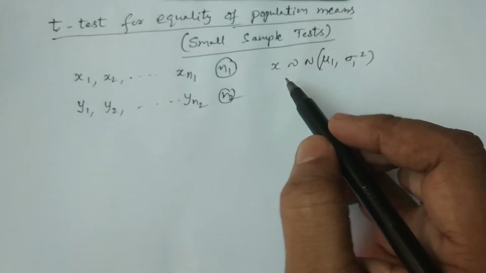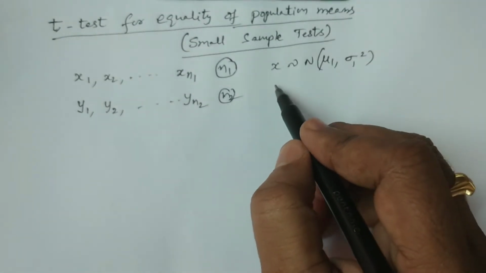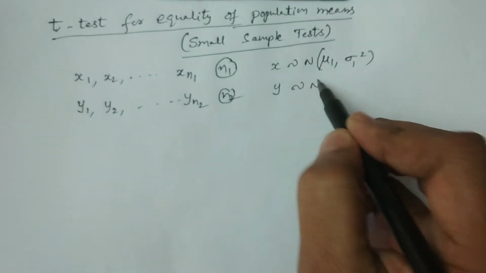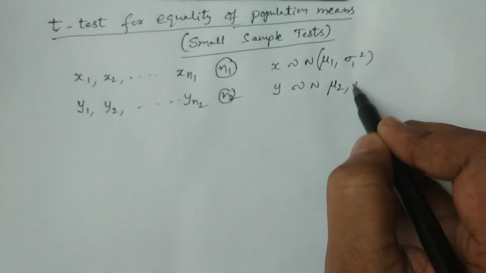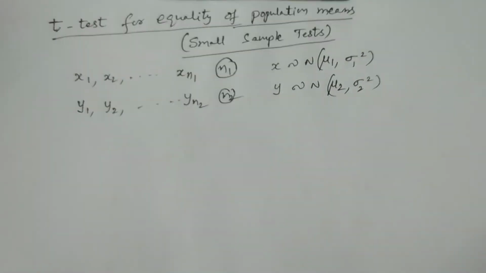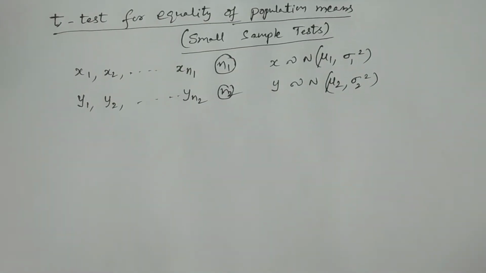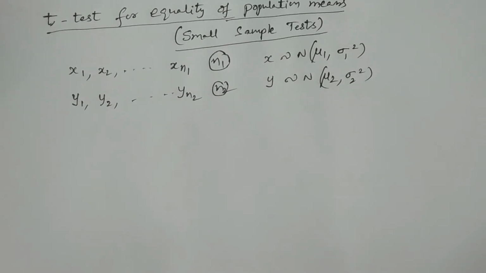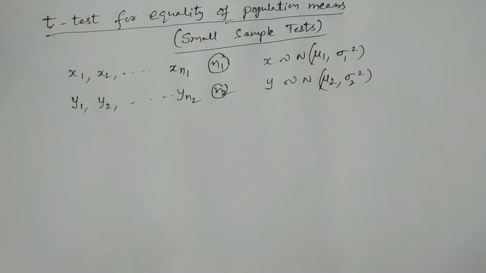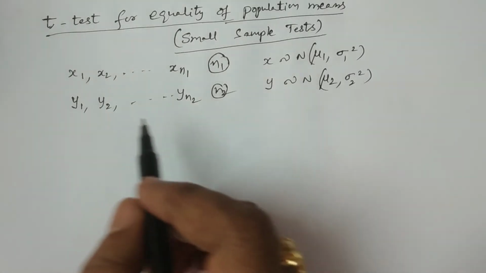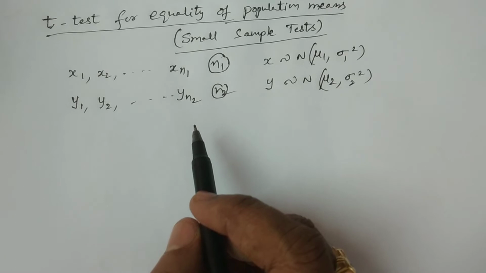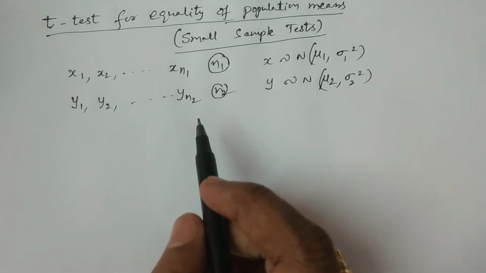Similarly, you consider another sample, y1, y2, and so on, yn2, of size n2, which is drawn from another normal population. Y follows a normal distribution with mean mu2 and variance sigma2 square. These are the two samples drawn from two distinct populations, right?